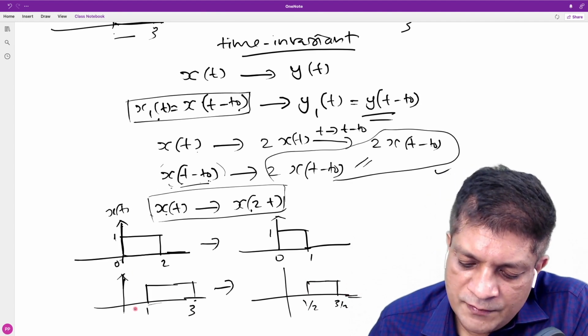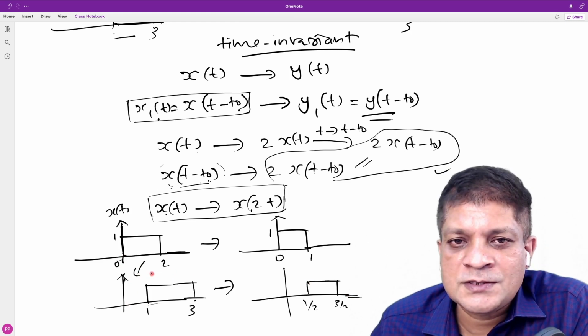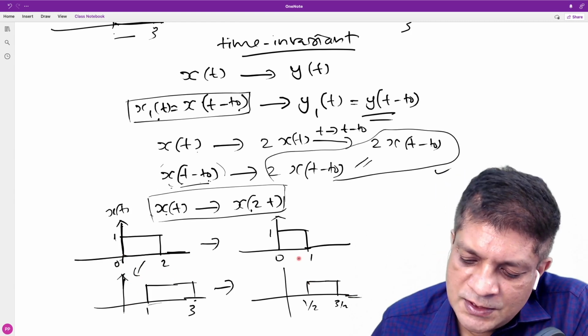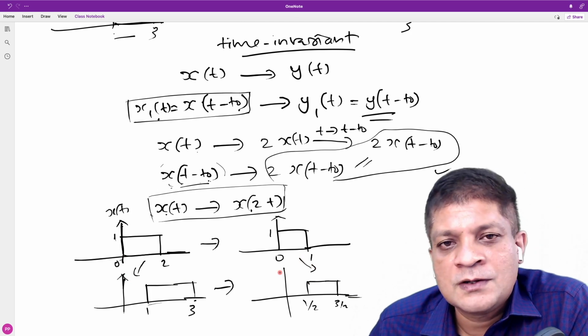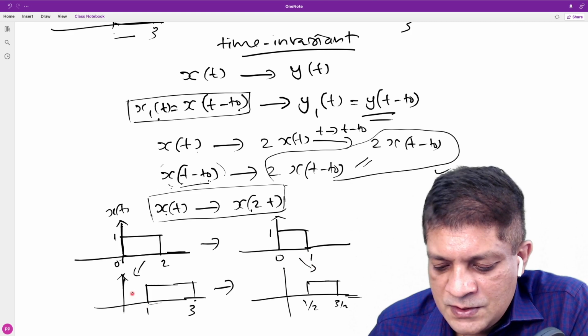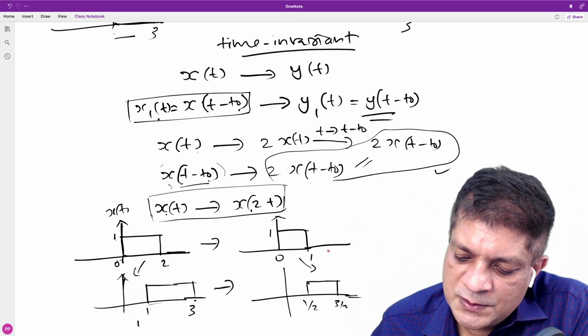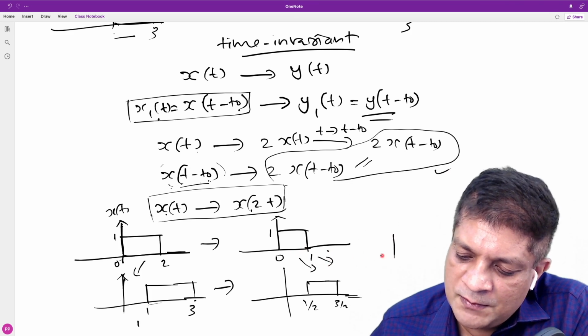So here we are shifting the signal right by 1. So is it a shifted version of this? This we are getting by shifting by 1, isn't it? So if you shift this right by 1, what will you get? Is it this?